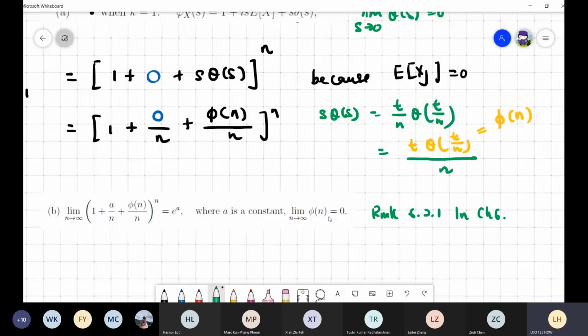So this remark gives you this formula, and you may use this formula without proof. So if you have the expression 1 plus a over n plus this phi_n over n, then the limit as n goes to infinity is e^a, when a is a constant and phi_n goes to 0. Okay, so that means this is our 0, and this one has this property. So using this formula, we can see that.